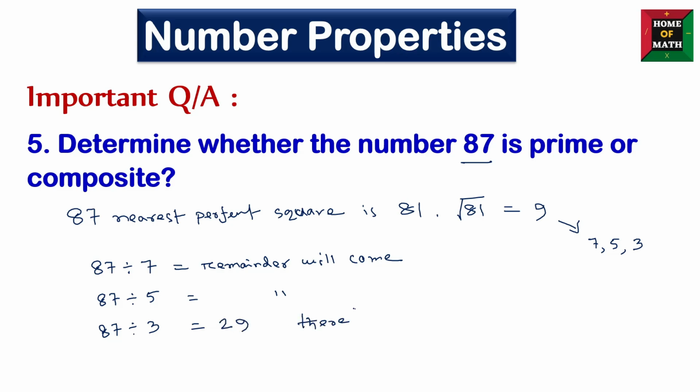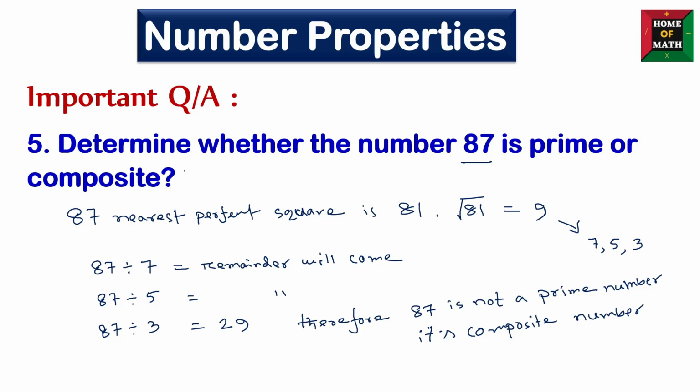Therefore 87 is not a prime number, it's a composite number. So the right answer is composite number.